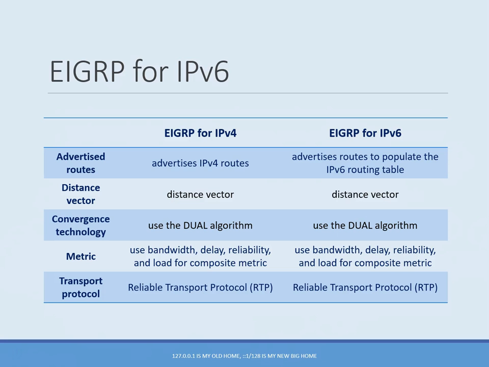In terms of advertised routes, EIGRP for IPv4 advertises IPv4 routes, while EIGRP for IPv6 advertises routes to be populated in the IPv6 routing table.